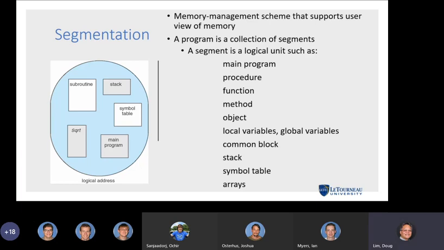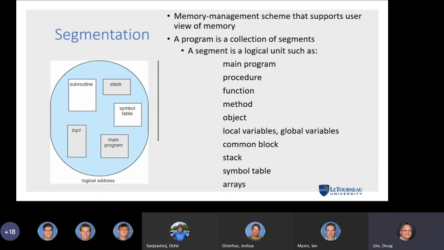So another scheme is segmentation, and that is supporting the user's view of memory. And this supports a segment because we know that we are looking at segments of main program, the procedures, functions, methods, objects.